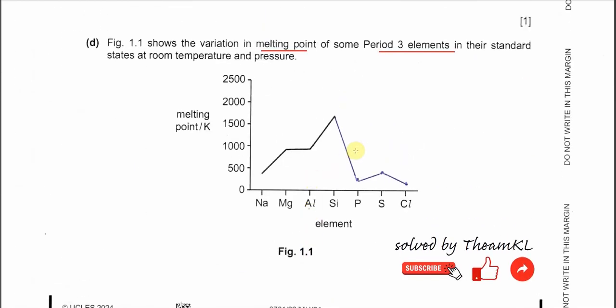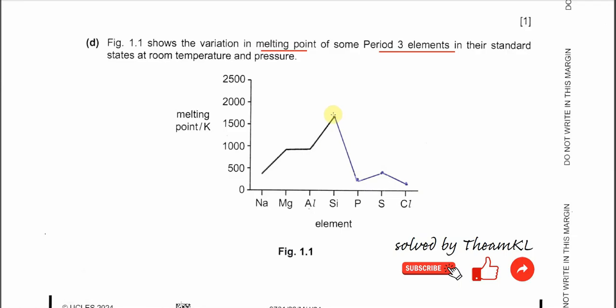For the melting point, it's already given that from sodium to magnesium it increases, from magnesium to aluminium it also increases, but it's a smaller increase. From aluminium to silicon is a larger increase.